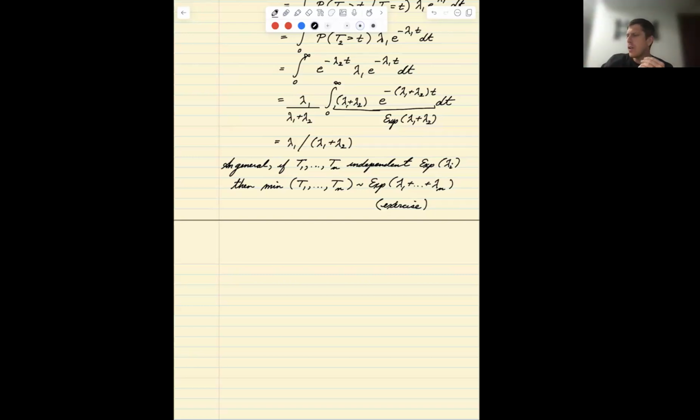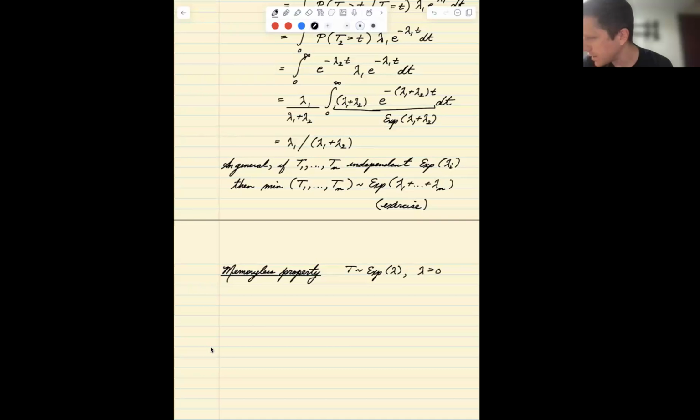Okay, there's one other property that is really important about the exponential, which is called the memoryless property. Let T be exponential, rate lambda for some positive value of lambda.